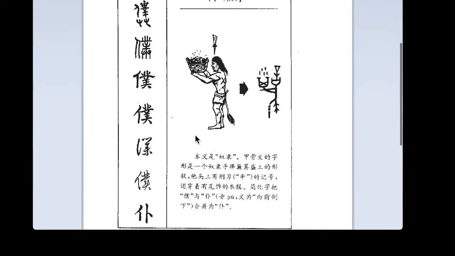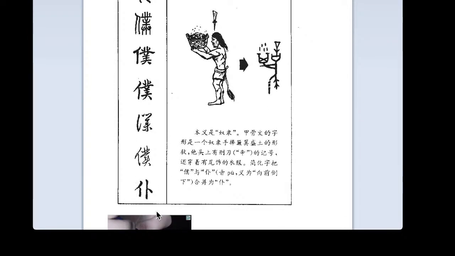Now, the standardized simplified version, because the older version is very complicated to write, completely replaces the radical on the right-hand side. They use another very simple character with the pronunciation pu to replace it.